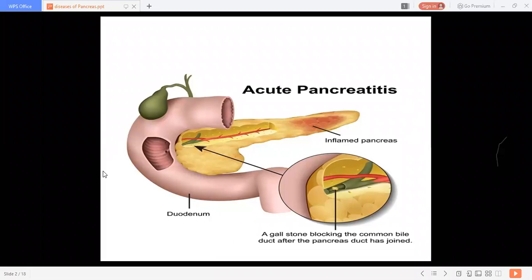And whenever it is acute, it is reversible. Any queries related to pathogenesis or clinical features?